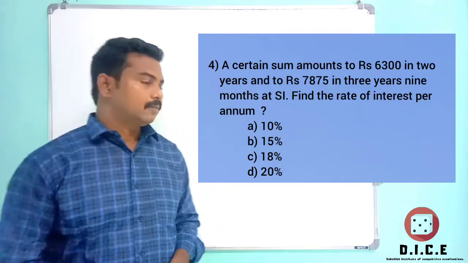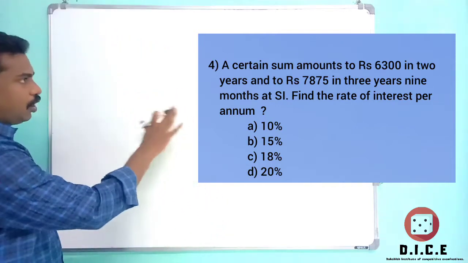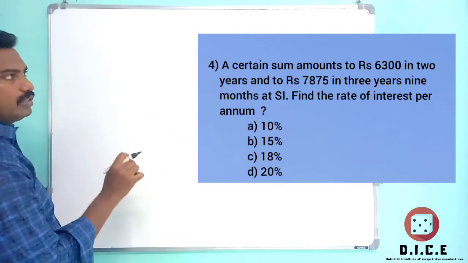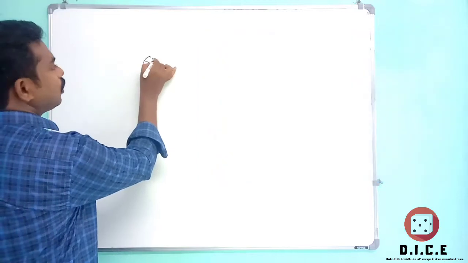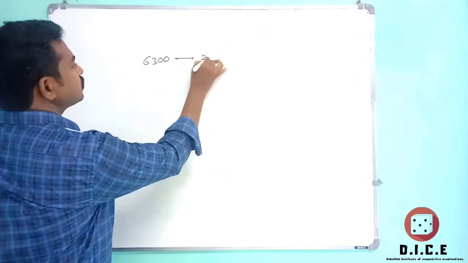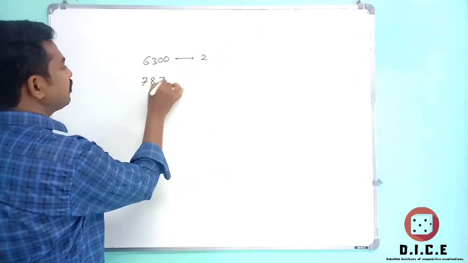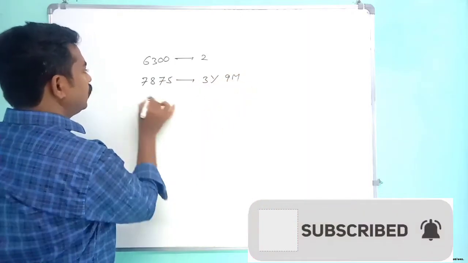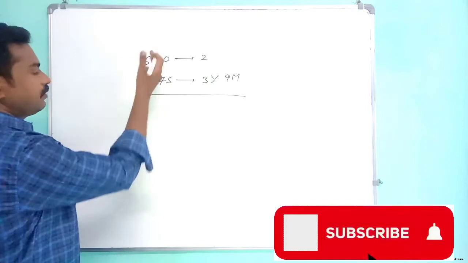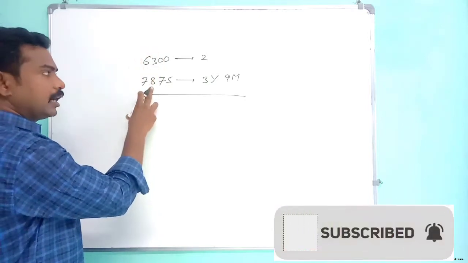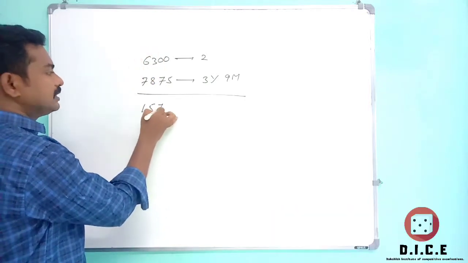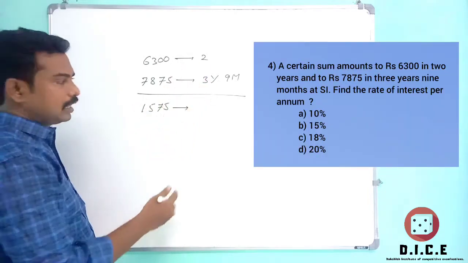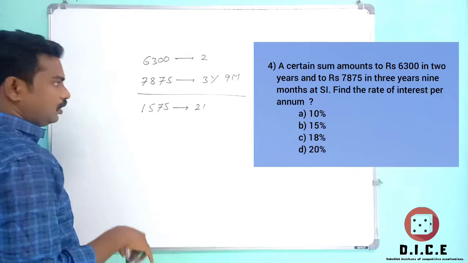So if you see here, solving from a small logical point of view: 6,300 in 2 years, 7,875 in 3 years 9 months. If you subtract, 7875 minus 6300 is 1575 here. And from 2 years to 3 years 9 months, that is 1 year 9 months, which is nothing but 21 months.